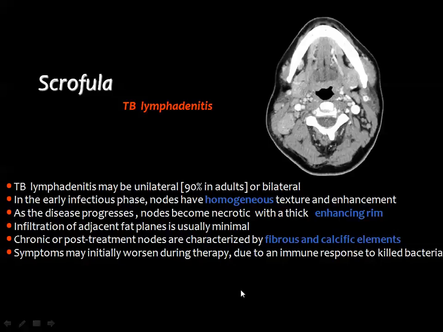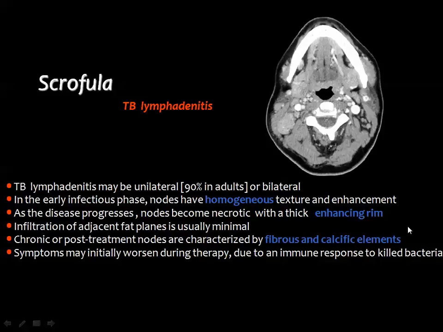Then you know that TB lymphadenitis is, at least in my country, one of the common causes of cervical lymphadenitis. And the affected nodes may pass into three stages. The first stage is the acute phase, where the nodes are enlarged, but they show homogeneous density and homogeneous enhancement.